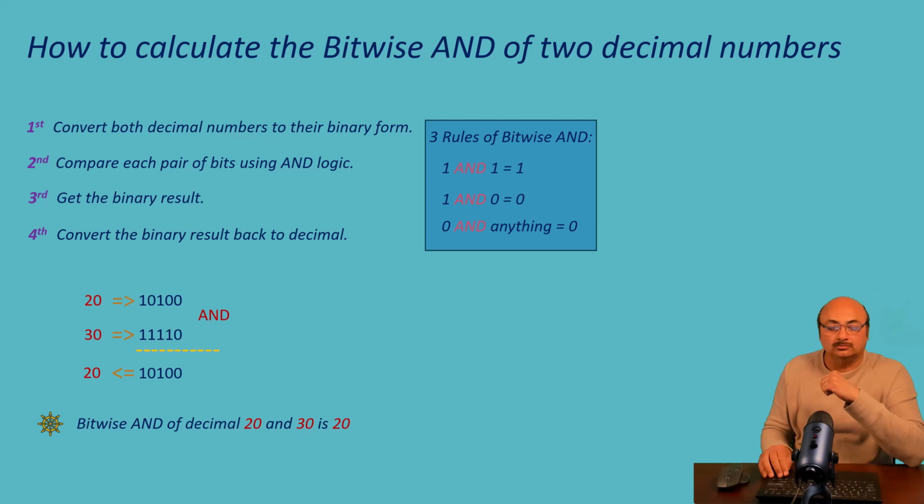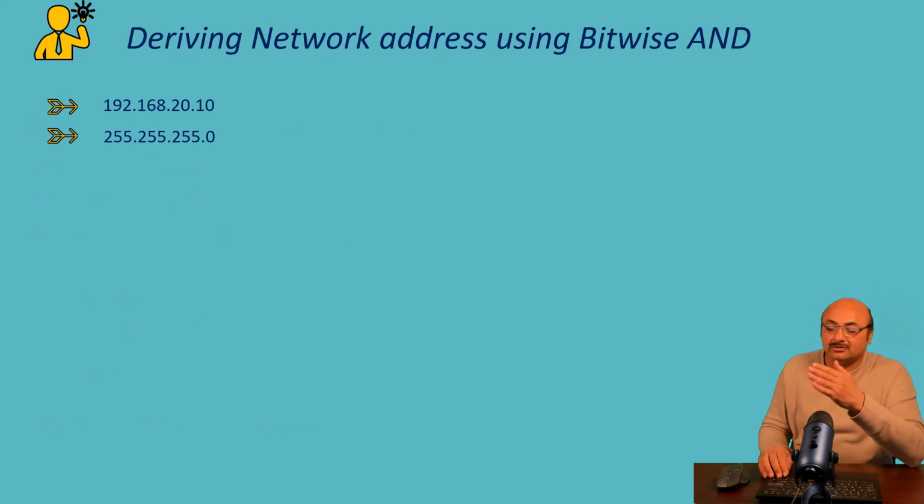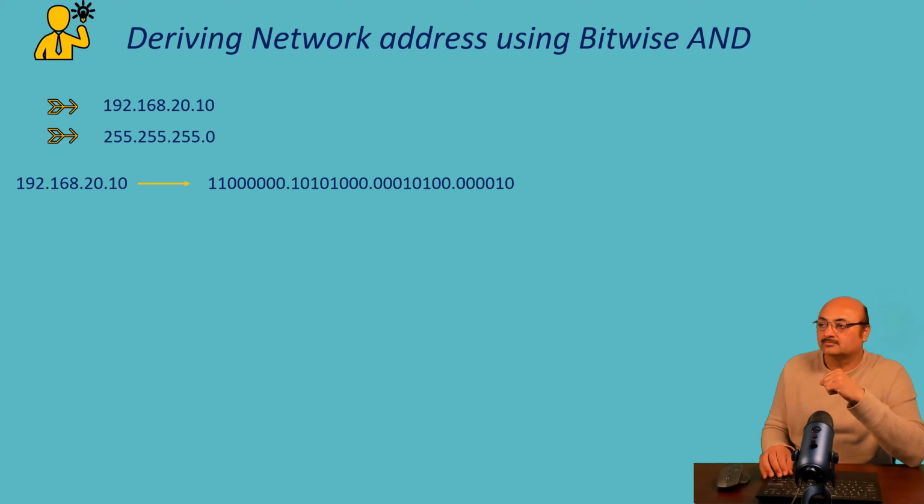Okay, let's go. So, given the IP address and the subnet mask, we will convert both of them into their binary equivalent. And now that I have the binary equivalent, I will apply the bitwise AND.